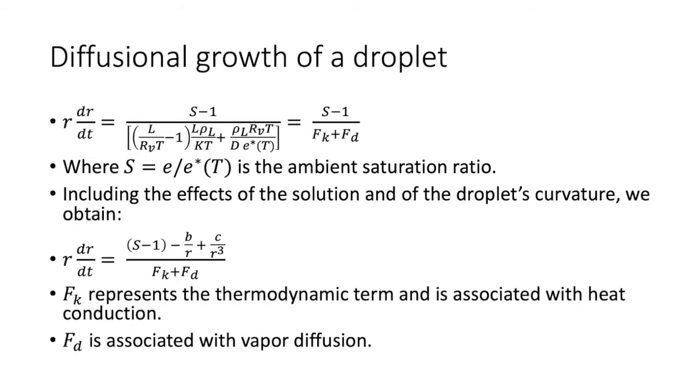And if you do all the calculation, which you don't have to do, but if you do it, you end up with something that looks like this, which does look pretty complicated. Essentially, you'd get a tendency for the radius of the droplet as a function of the degree of supersaturation over a bunch of terms, okay?